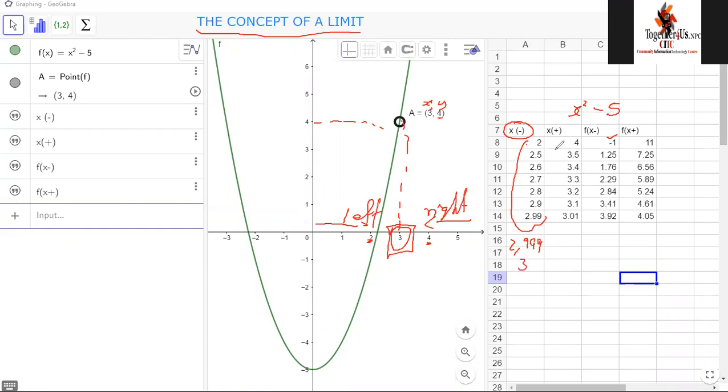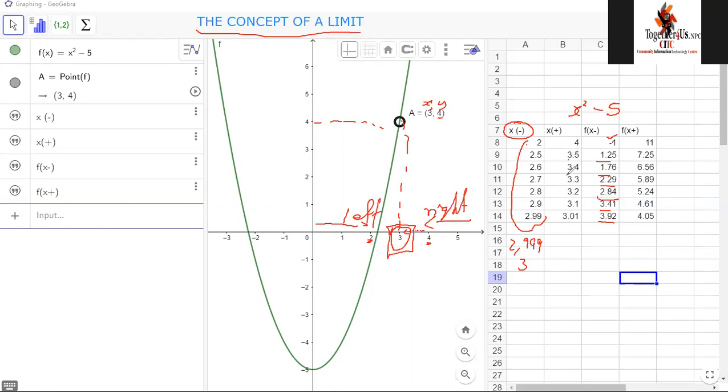So this is what we get: from -1, we went to 1.25, 1.76, 2.29, 2.84, 3.41, and then 3.92. And if we look at the right, coming down from 4, getting closer to 3 but not yet at 3.